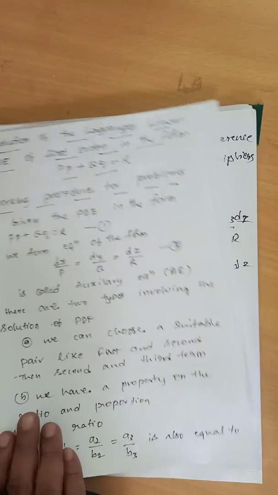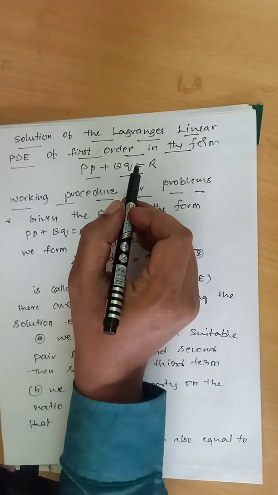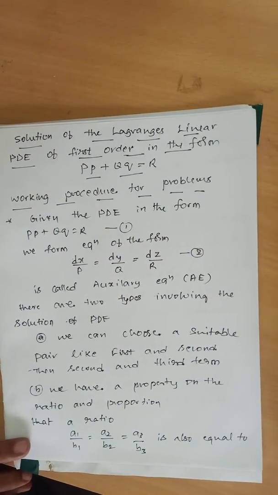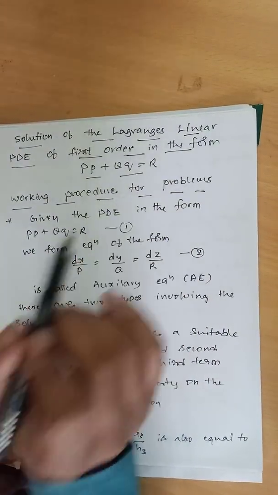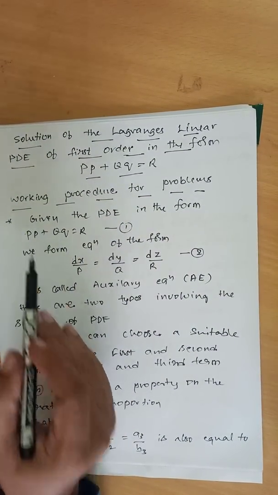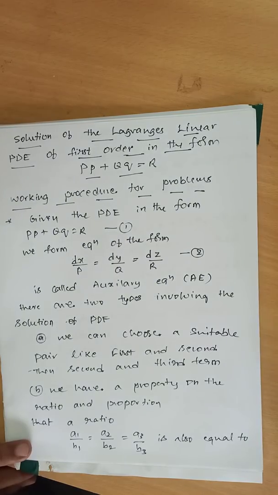So for finding the solution of Lagrange's linear partial differential equation, the given equation is in the form of Pp plus Qq equal to R. We have two methods. We already discussed method number 1. So today we are going to discuss another method. That method is important from the examination point of view.